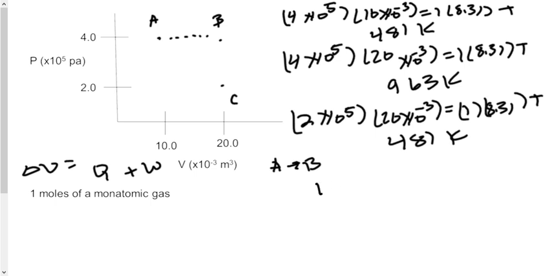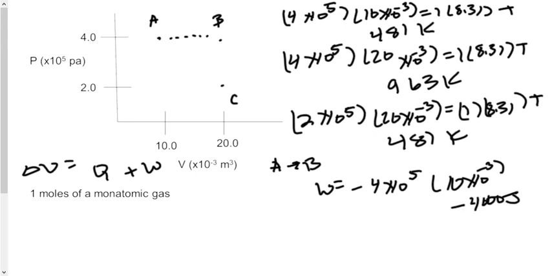Work in this case is going to equal minus our pressure, which is 4 times 10 to the 5th, multiplied by a change in volume of, looks like 20 minus 10, so it'll be 10 times 10 to the minus 3. And that's going to equal minus 4,000 joules. That's negative because our gas is expanding against an external pressure. Therefore, it is work being done by the gas, so therefore negative.